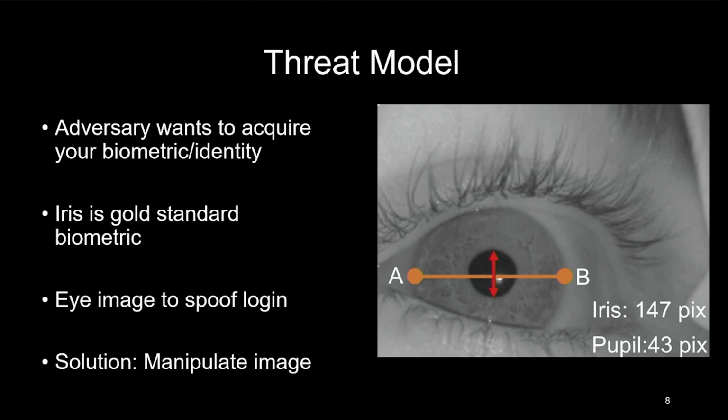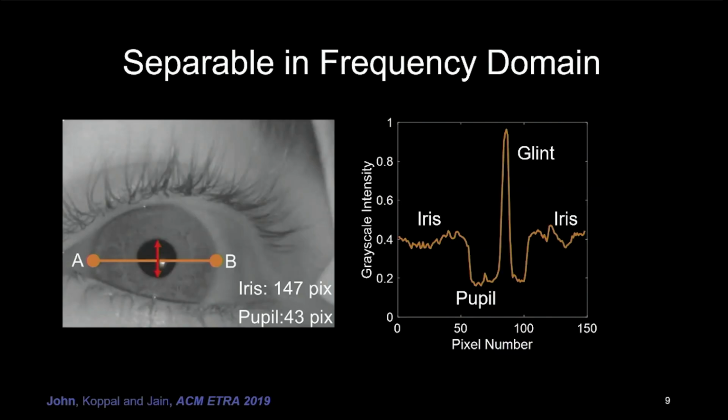So what we ended up doing is finding ways that we could manipulate this image in a meaningful way to make that balance happen. One of the insights that we had is that the features that we use to support eye tracking and the features that support iris matching are separable in the frequency domain.